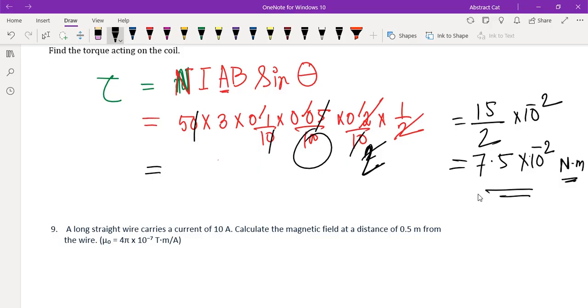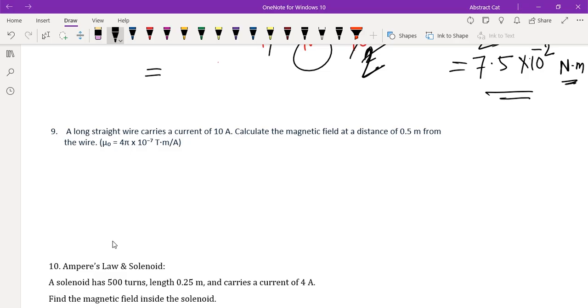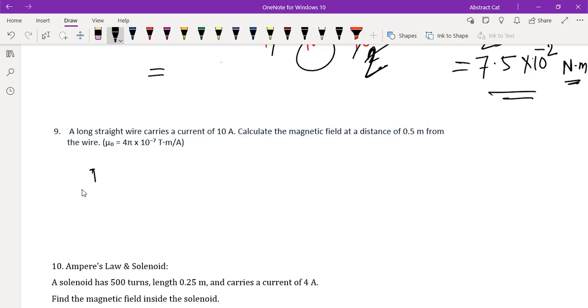Number 9. A long straight wire carries a current of 10 ampere. Calculate the magnetic field at a distance of 0.5 meter from the wire. We know the formula from Biot-Savart law, B equals mu 0 I by 2 pi r.